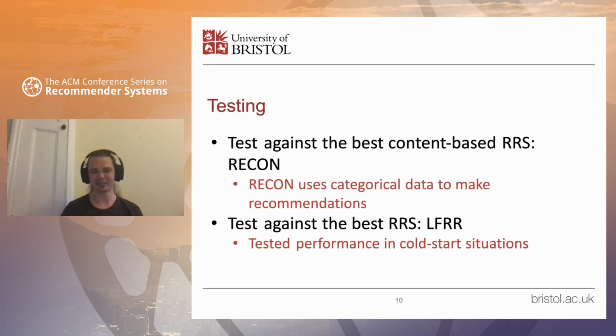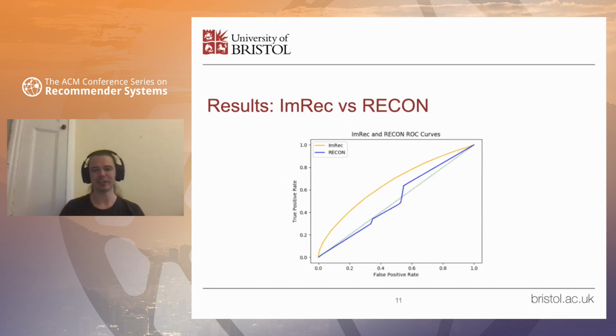So we ran 2 tests. We tested against, as I said, the best-in-class content-based reciprocal recommender system, Recon, which uses categorical data to make recommendations. And we also tested against the best-in-class collaborative filtering reciprocal recommender system, LFRR. Against Recon, our system performed significantly better.